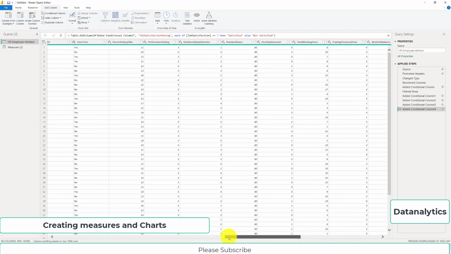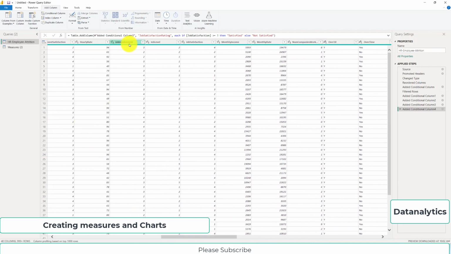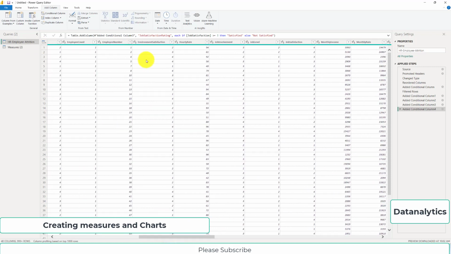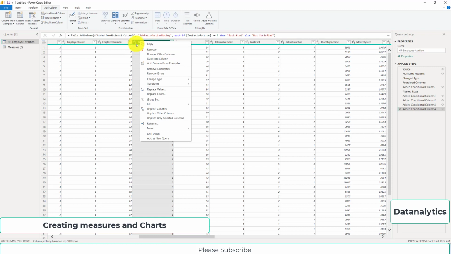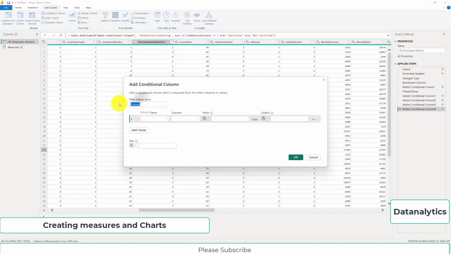Then I can do this for the environment as well. The environment where our employee works. Are they satisfied with the environment? Yes or no? You can do yes or no. So this is the environment again. I would say the rating is between 1 and 4, right? Environmental satisfaction.